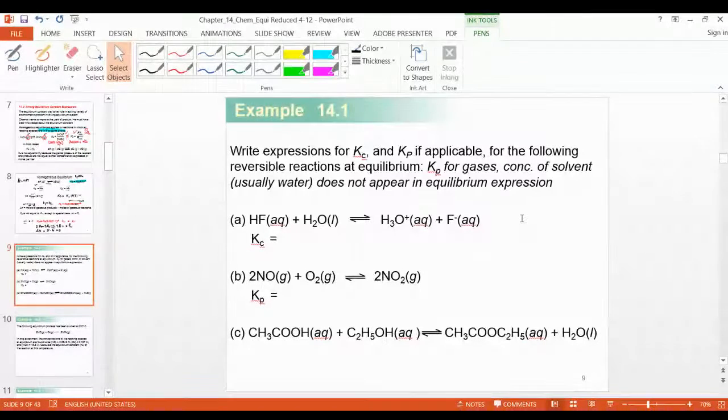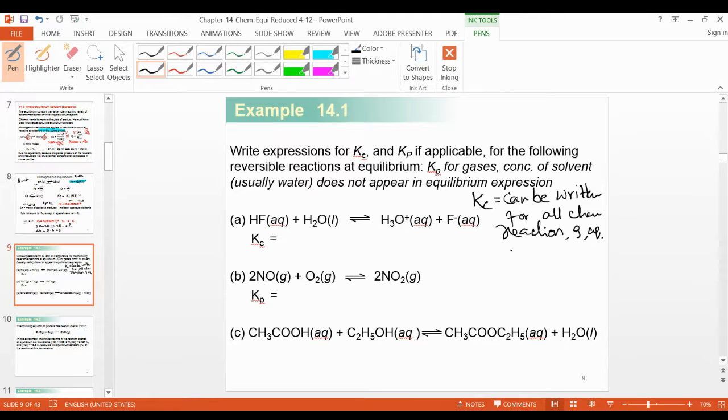Write the expression for Kc and Kp. And I told you, just write down this point, please. Note down in your notebook. Kc can be written for all chemical reactions, either gas, aqueous, solid or liquid.